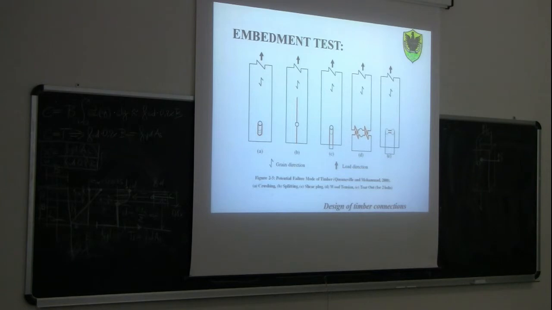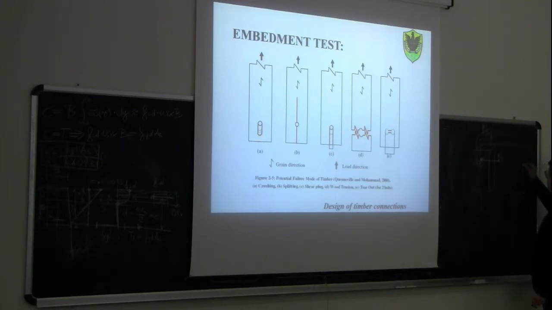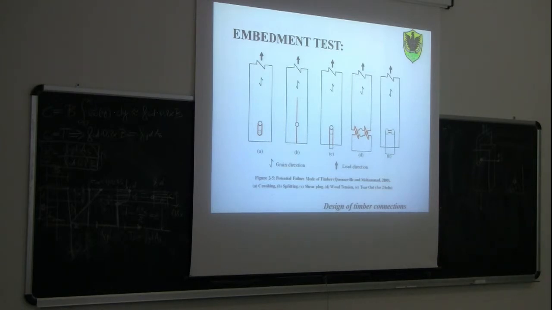The third way of failure is a failure for shear plane. Now, if you do the same test using steel, so using a steel dowel, could be a steel bolt, versus a steel plate, the shear failure would always occur at 45 degrees.